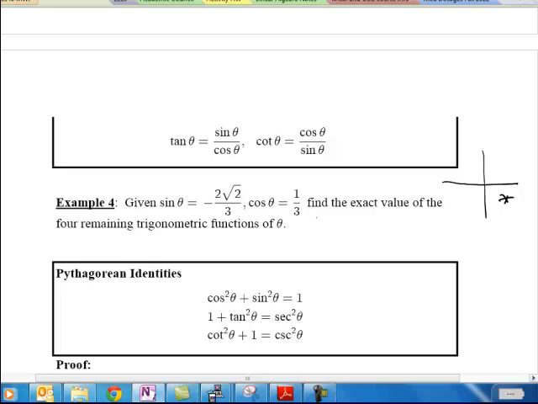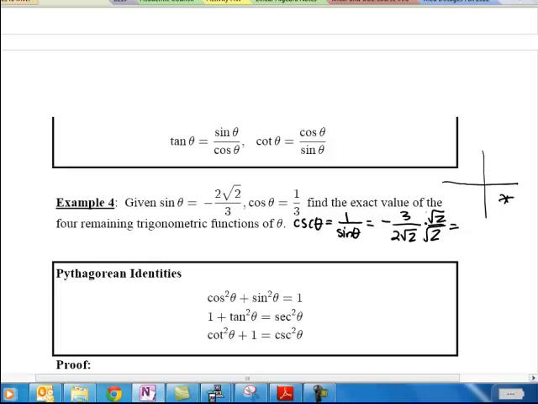Alright, so if we've got sine theta and cosine theta, then we can do the reciprocals of those. Cosecant is the reciprocal of sine theta. In this case, that's just going to look like negative 3 over 2 times the square root of 2. We'll rationalize it.